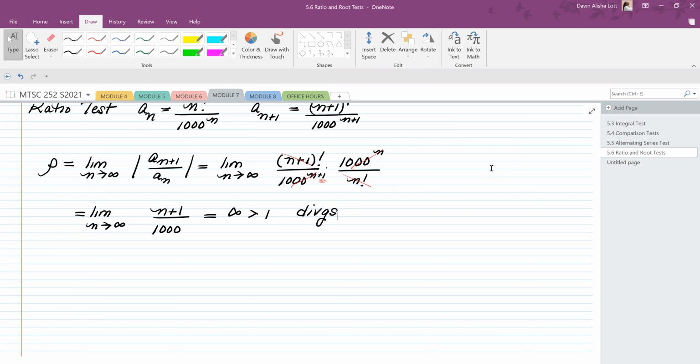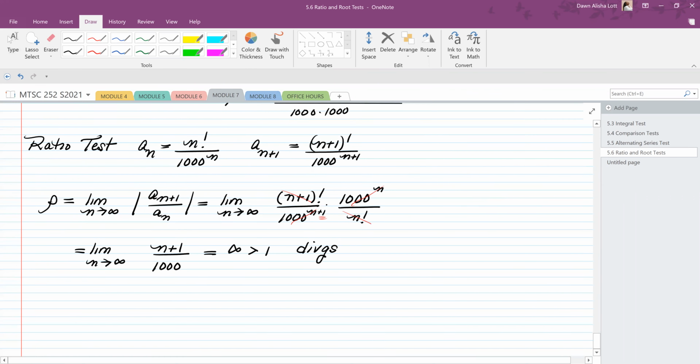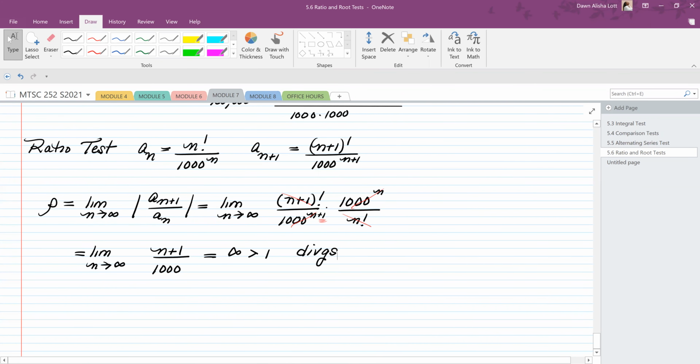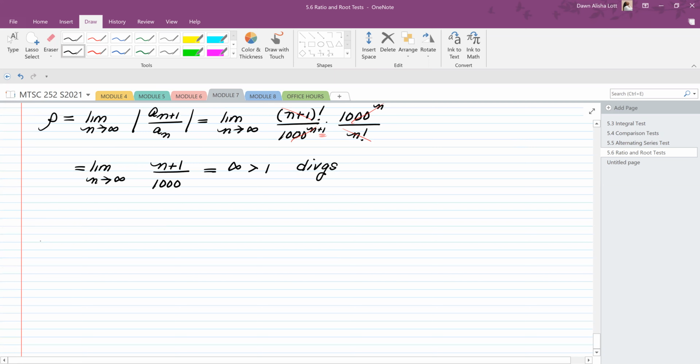So, okay, first, the ratio test is, I need to compute rho, the limit as n approaches infinity of the absolute value of a_(n+1) over a_n. So I always compute a_n first.